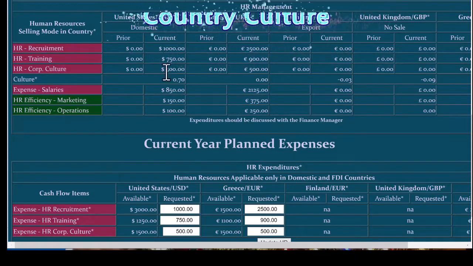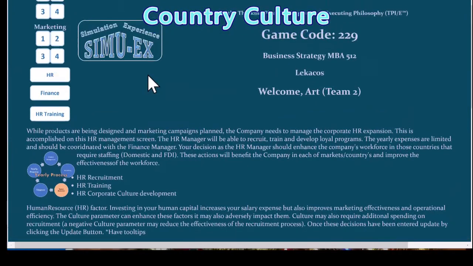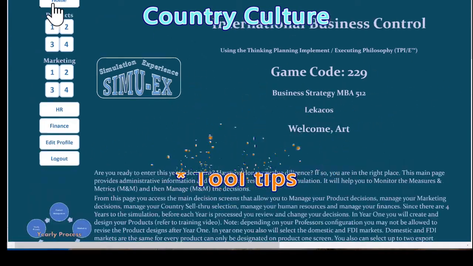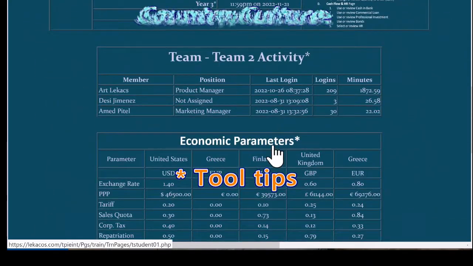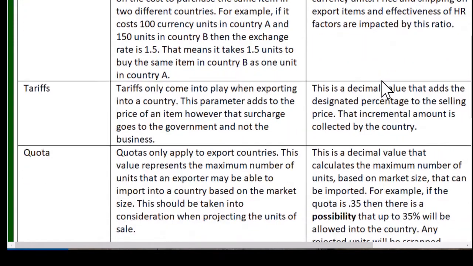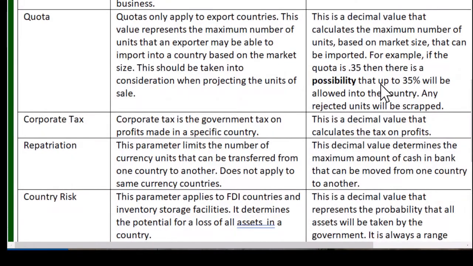And don't forget the impact of culture. As you'll see, culture is a plus or minus number that will impact these characteristics. To refresh your memory on the various aspects of the simulation, there are tooltips everywhere. You'll notice these tooltips have an asterisk next to them. For the economic parameters, go back to your main screen and click on economic parameters, and a table will appear which describes these characteristics in detail.